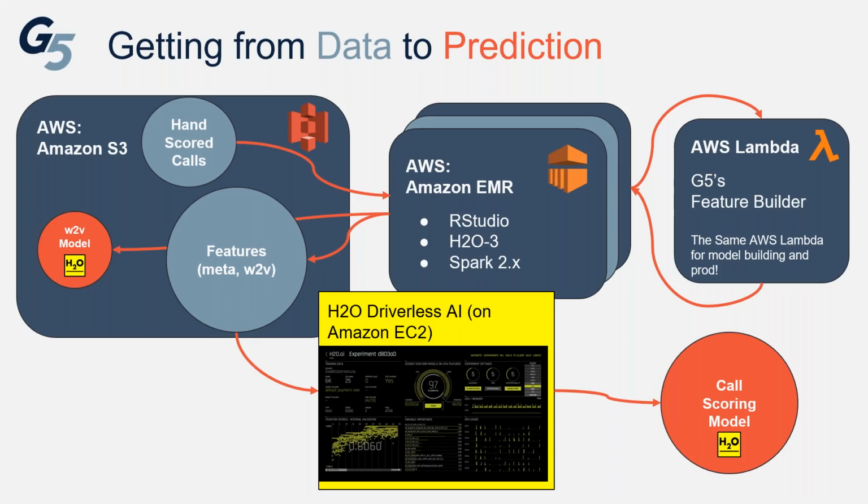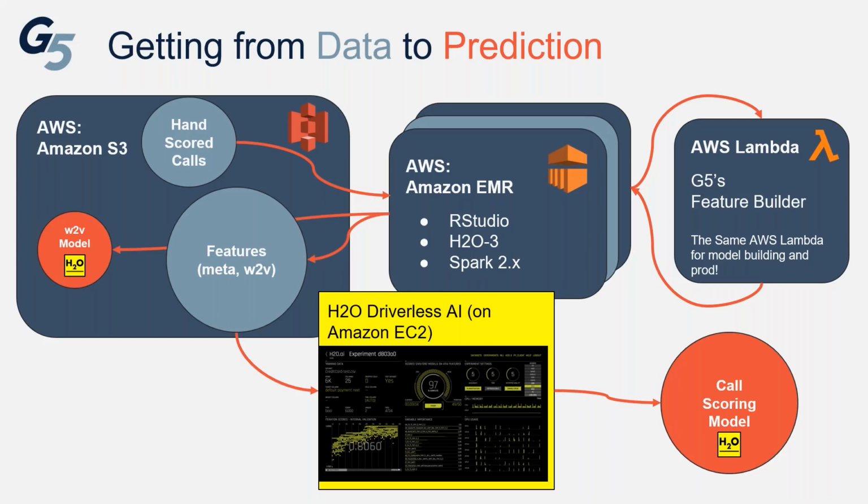I'll come back to it in a minute. But using that AWS Lambda is a very important piece of the process of productionizing this. And so we go from EMR, we go through the Lambda, we build our features, and we bring them back into EMR, and we've got transcripts of text. We've got features to go along with it.